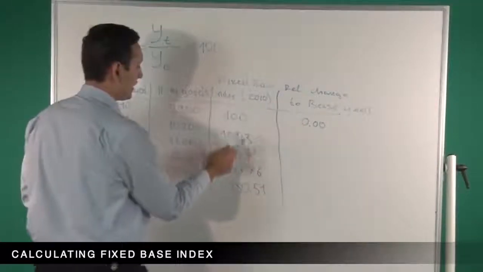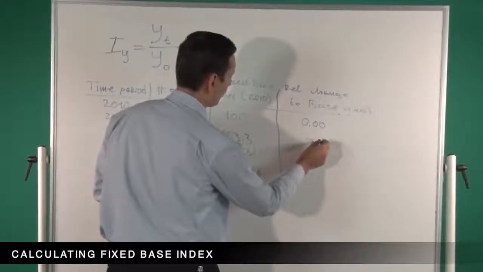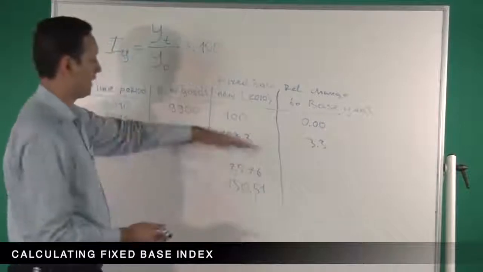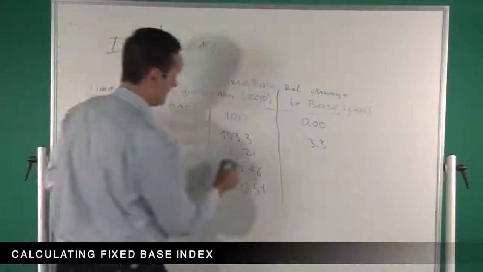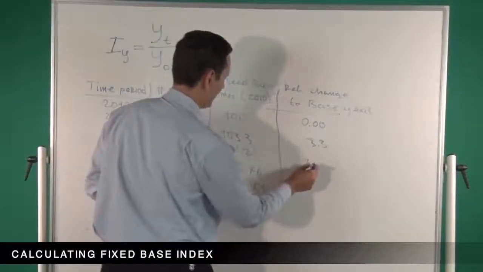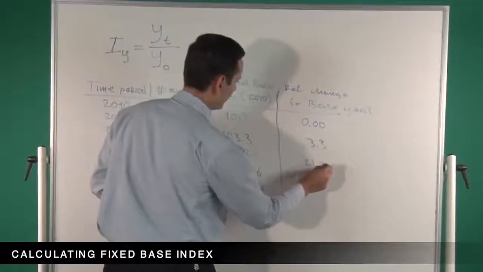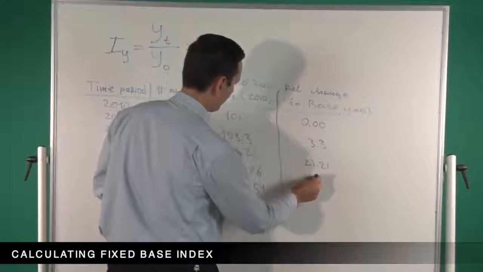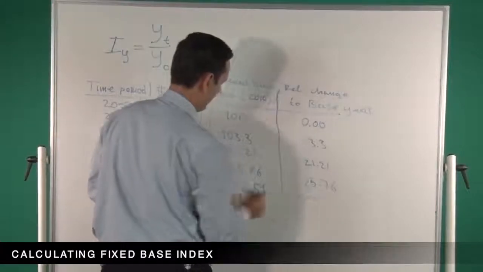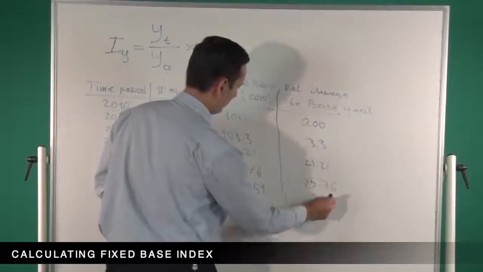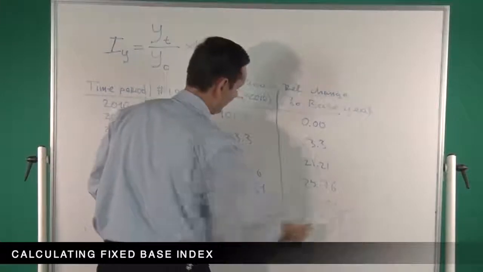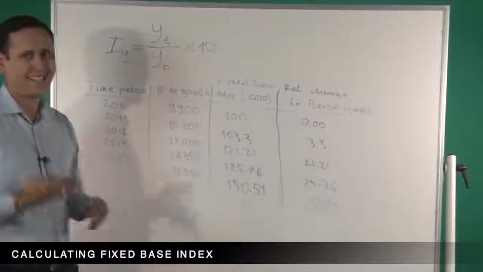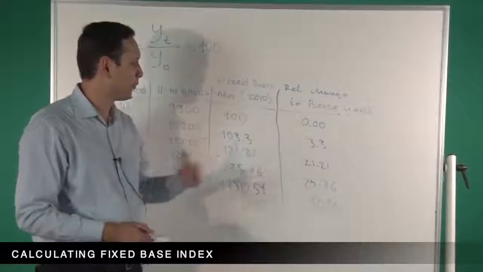The relative change here is 3.3, compared to the first year, and so on. So we basically subtract 100 from each of these numbers. 25.76 and 50.51, which is very easy and just simple arithmetic.